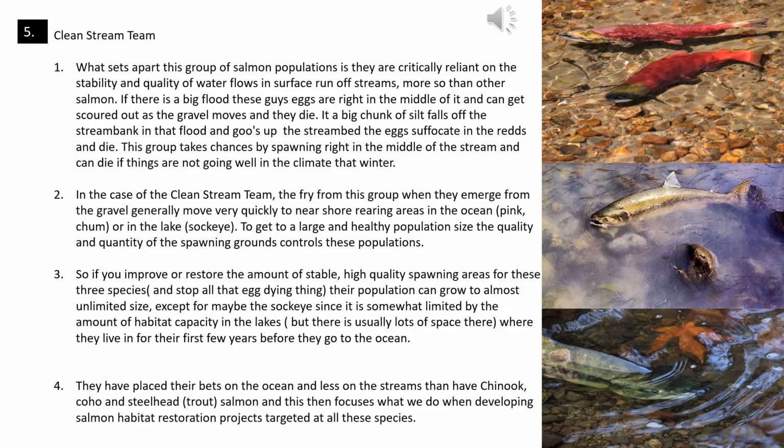So this group of species and this form of those species have placed their bets strongly on the ocean, and much less on the streams than have other species like coho, chinook, steelhead, and trout, various trout salmon. And this then focuses what we do when developing salmon habitat restoration projects targeted at the clean stream team species.